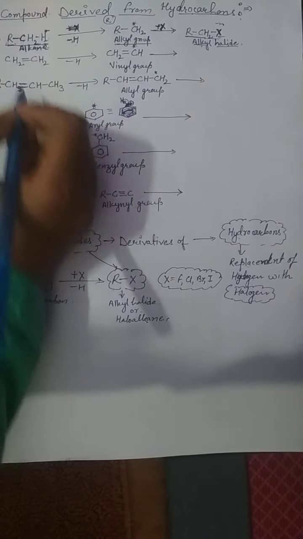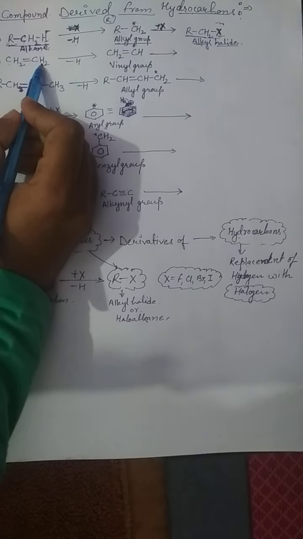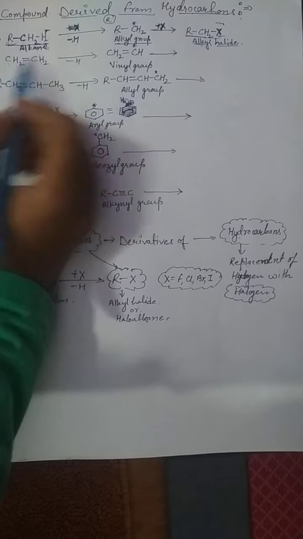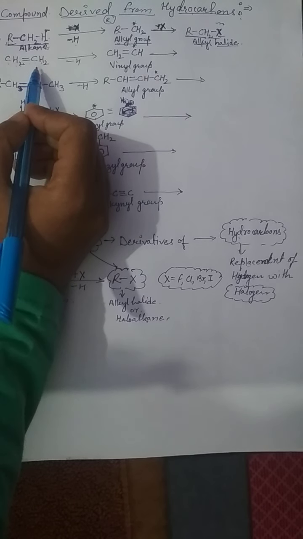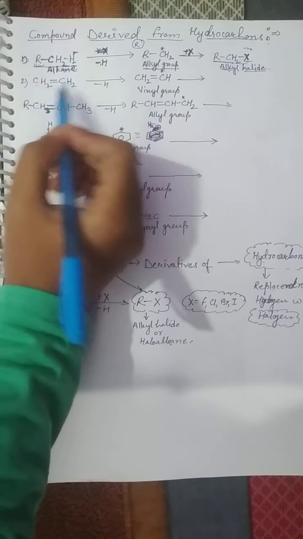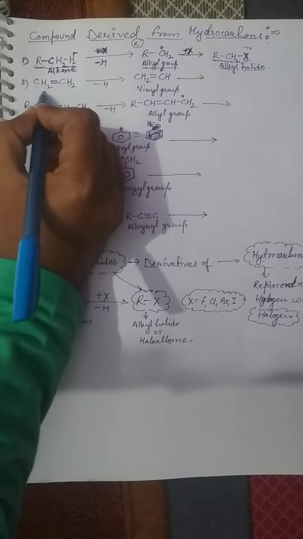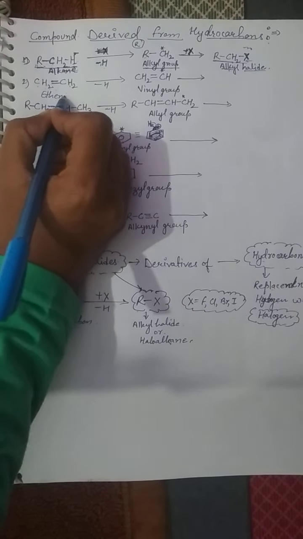In this second example, we have CH2 double bond CH2, and this compound is called ethene. It is called ethene because there are two carbons, and here we have the double bond. That's why we use the ene.